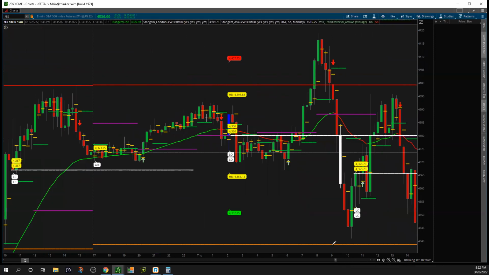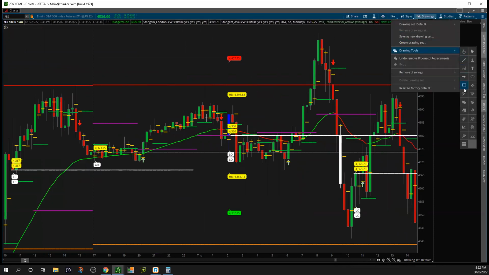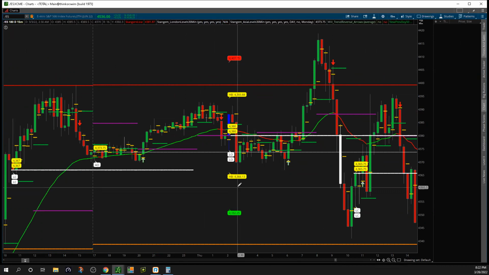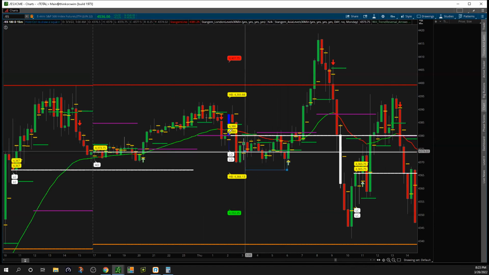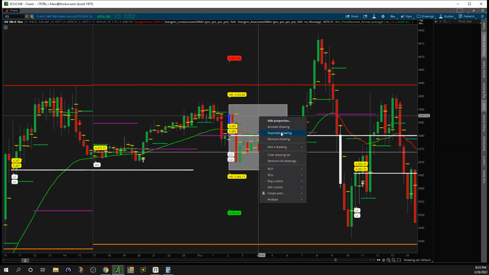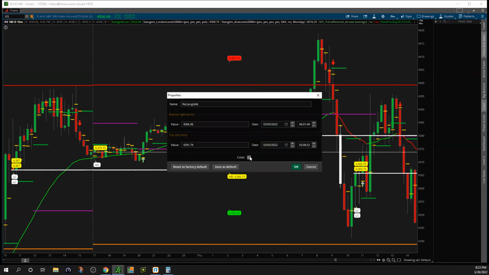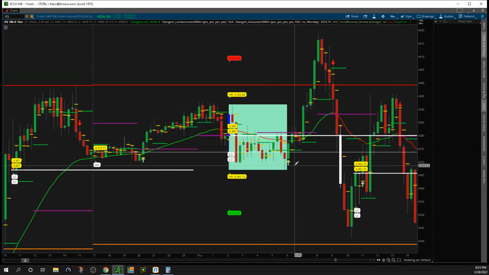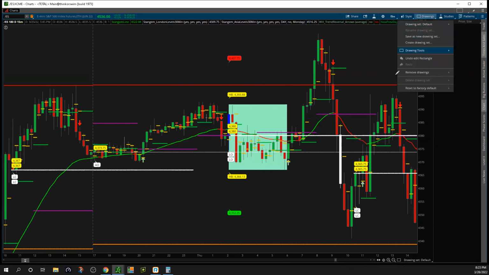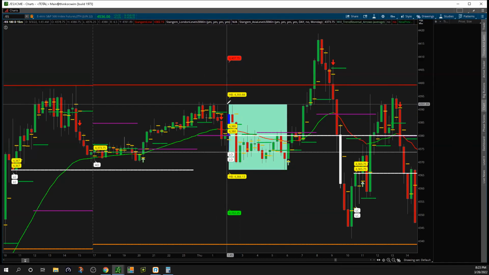Next day. Let's do it again. 6 a.m. candle. Got a low here. London Open. This candle here is higher. Y'all bored yet? We just keep doing the same thing over and over.